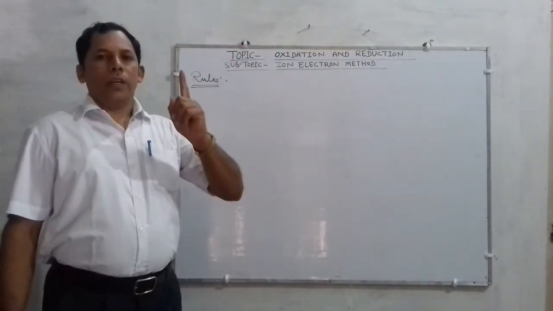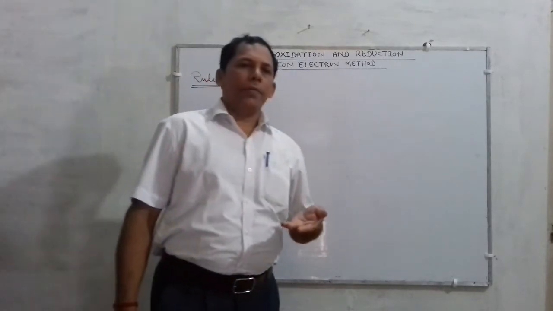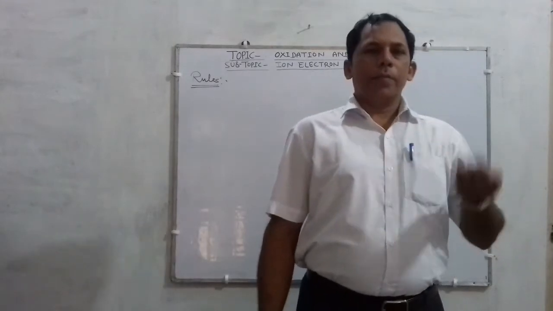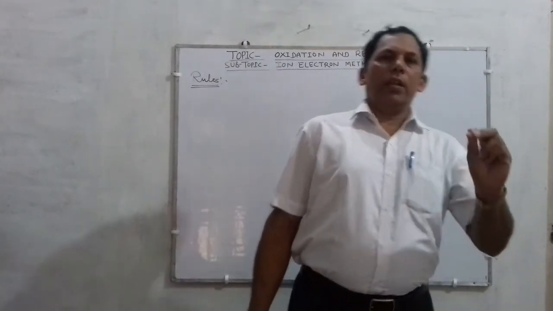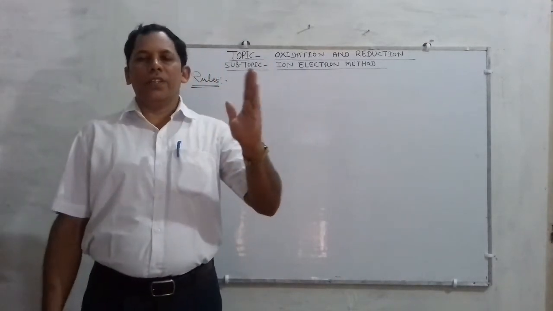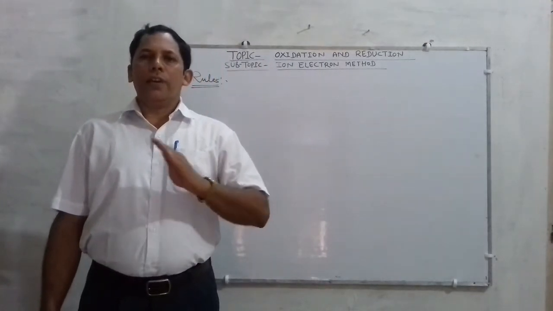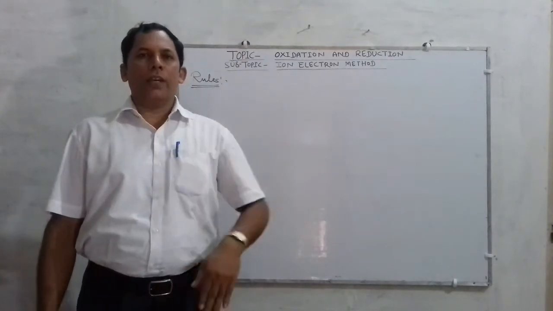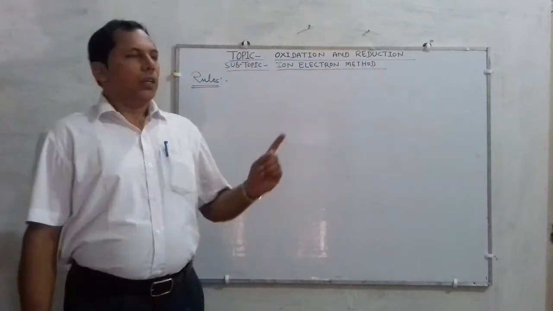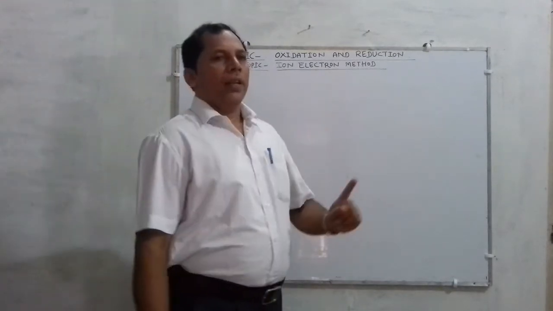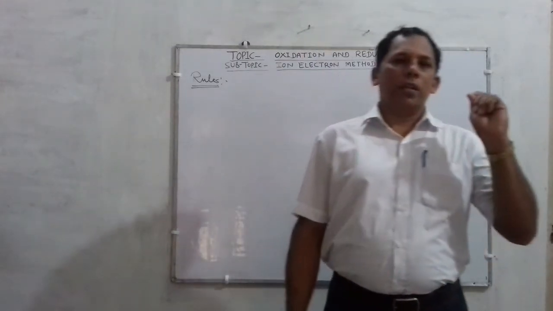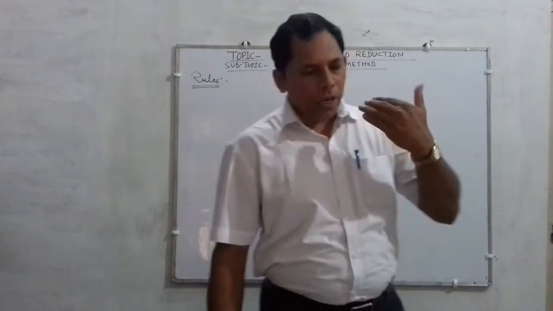In the same way as I described for balancing chemical reactions in a basic medium, just a slight difference takes place, and almost the same rules are followed here for reactions in either neutral or acidic medium.